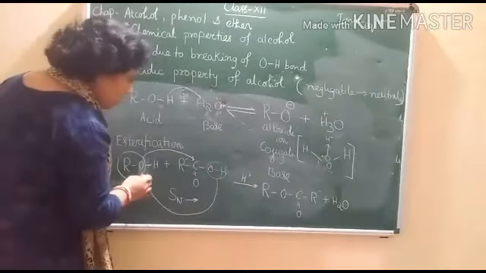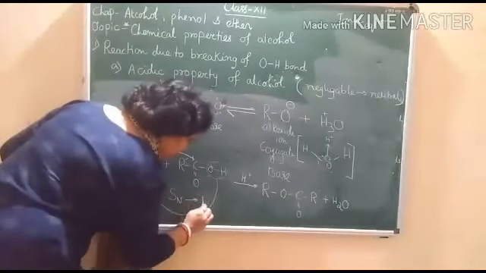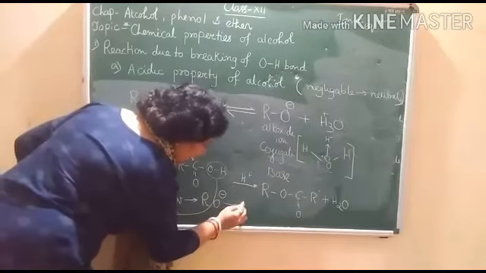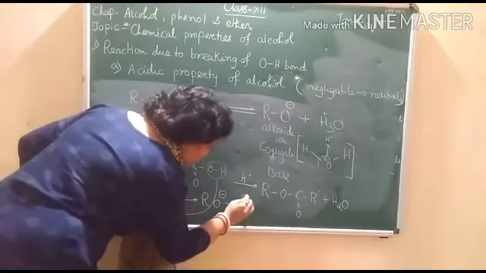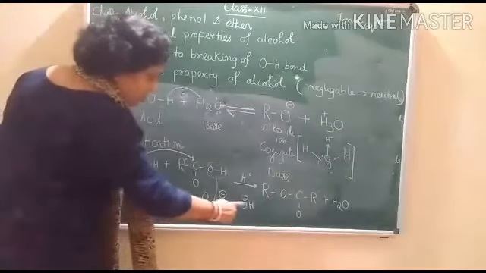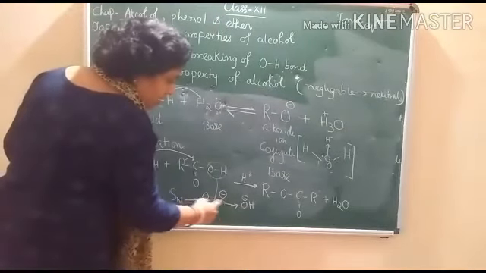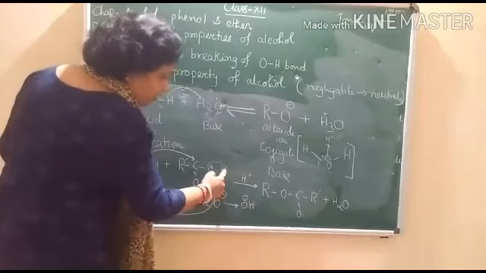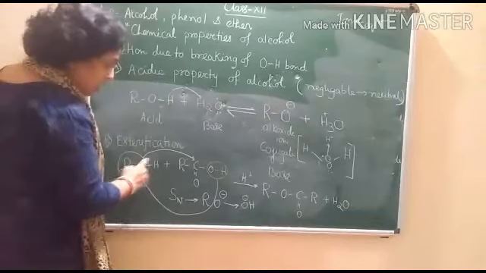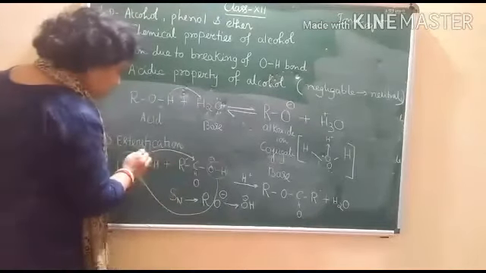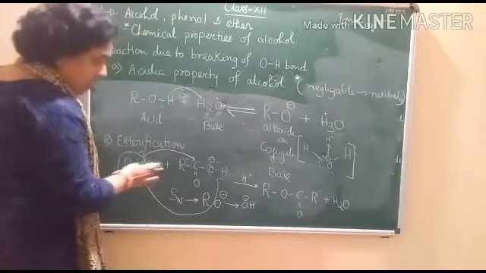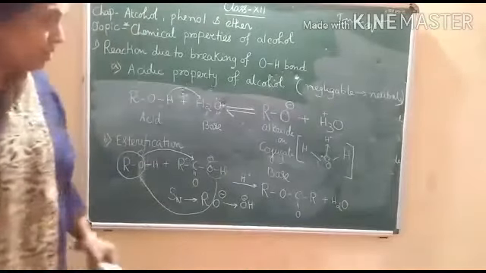So the nucleophilic substitution takes place between alkoxide ion and OH ion, because both are nucleophiles. So this nucleophile is exchanging with the alkoxide nucleophile. This is negative, this is also negative, so both negative charges are exchanging. So write it down.